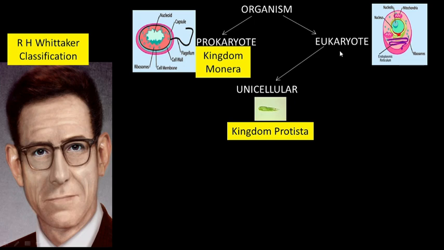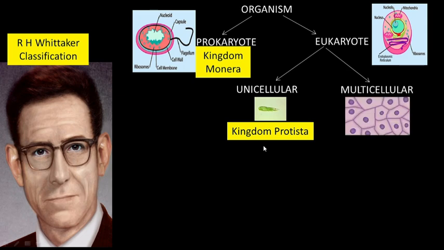Now these eukaryotes, that means those which have a proper nuclear system, are of different types. Those which are single, solitary, but do have a well-defined nucleus, are part of Kingdom Protista. Second, there are also multicellular organisms. That means they are not a single cell, but a group of hundreds or billions of cells. These multicellular organisms which have a proper nucleus can further be classified as those with cell wall and those without cell wall.